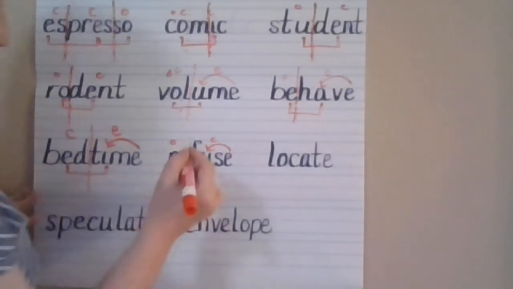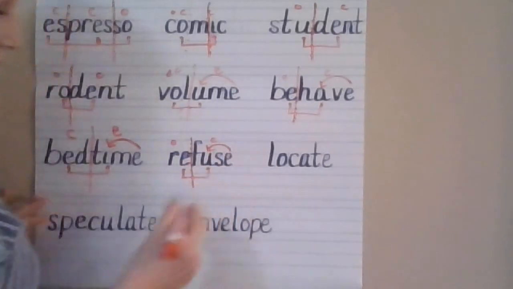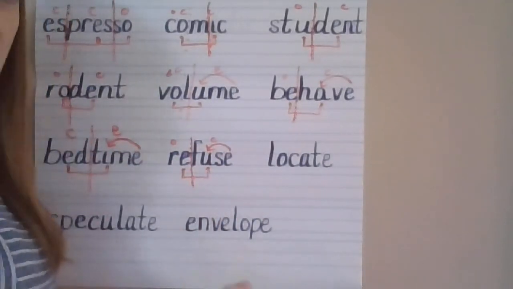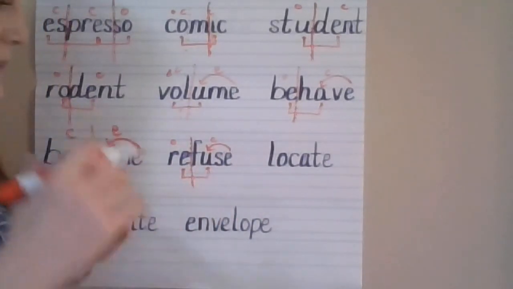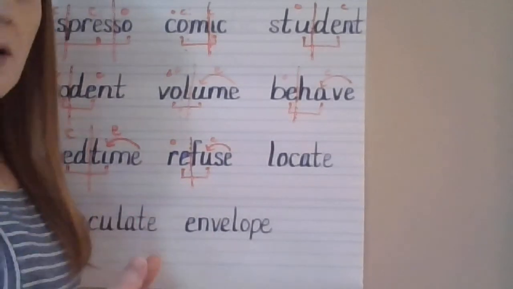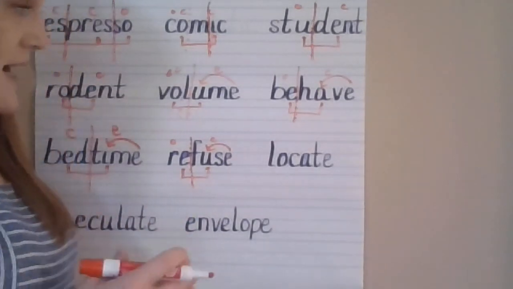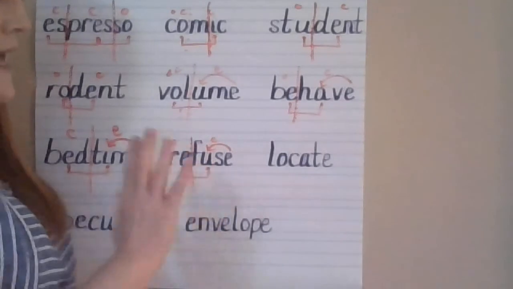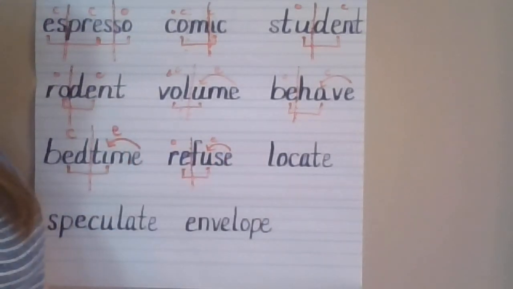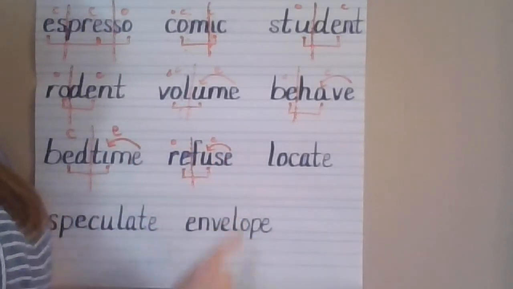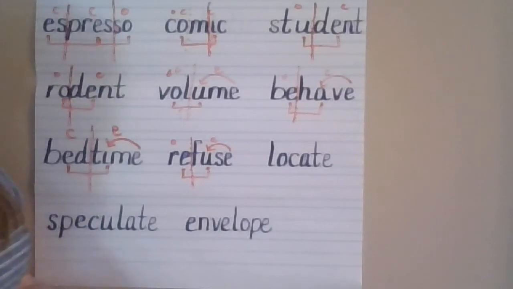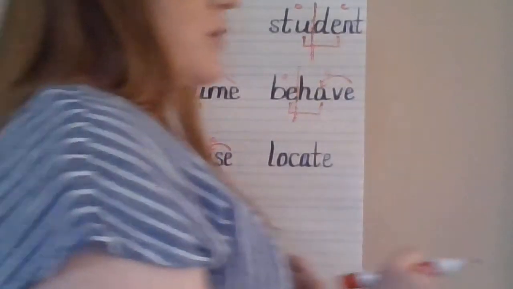Yes. Refuse means that you absolutely are not going to do something. You refuse to do it. That means you don't want to do it. Now, this word can also be divided after the F, and it would be a different pronunciation. It would be refuse, talking about garbage and things, but we're going to go with refuse today.